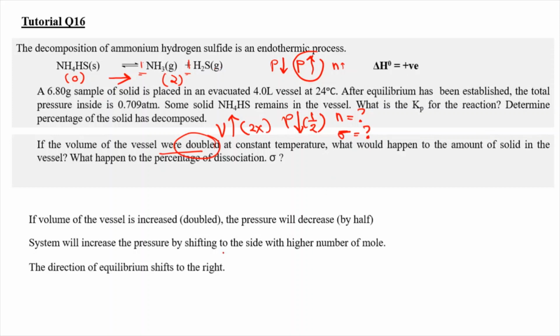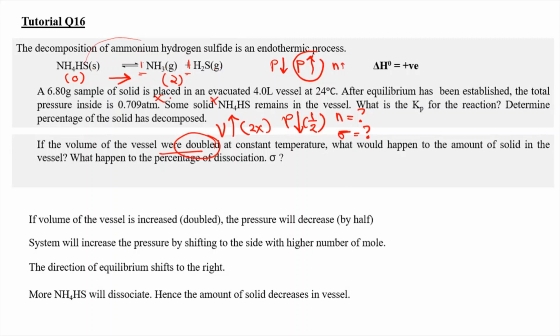And hence we can say that the direction of equilibrium shifts to the right, and more NH4HS is going to be dissociated in order to produce NH3 and H2S, and therefore the amount of the solid will decrease in the vessel.